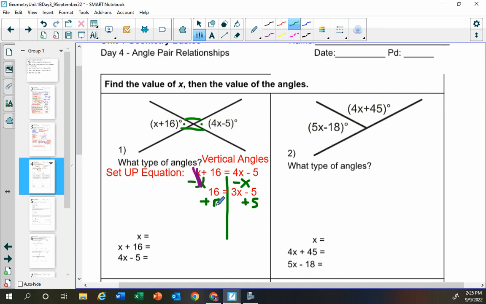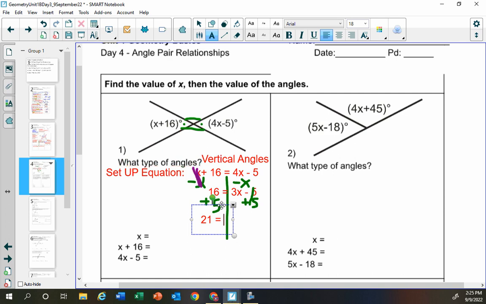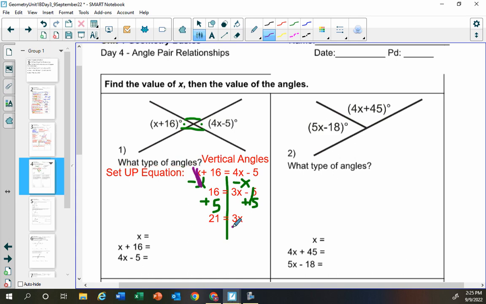So we add 5, and now the 5s go away. So then we have, what's 16 plus 5? And that equals how many x? Now, what's our last step to solve for x? Divide by 3. Very good, Nelson. Very good, Amy. And then what is x? 7 equals x.